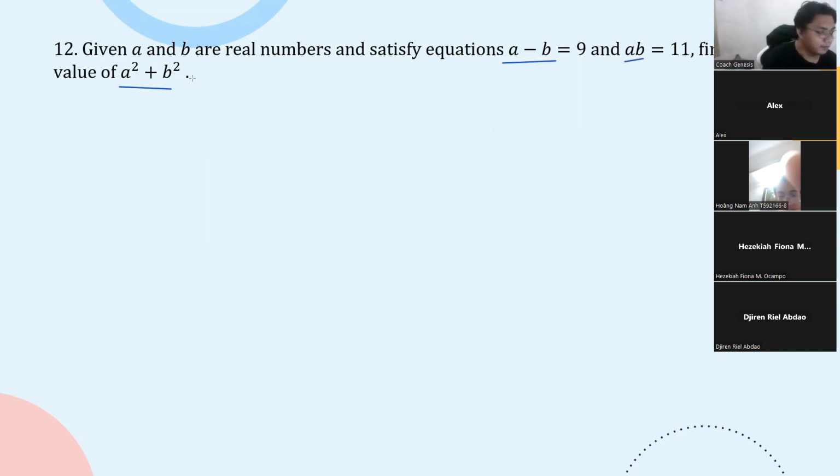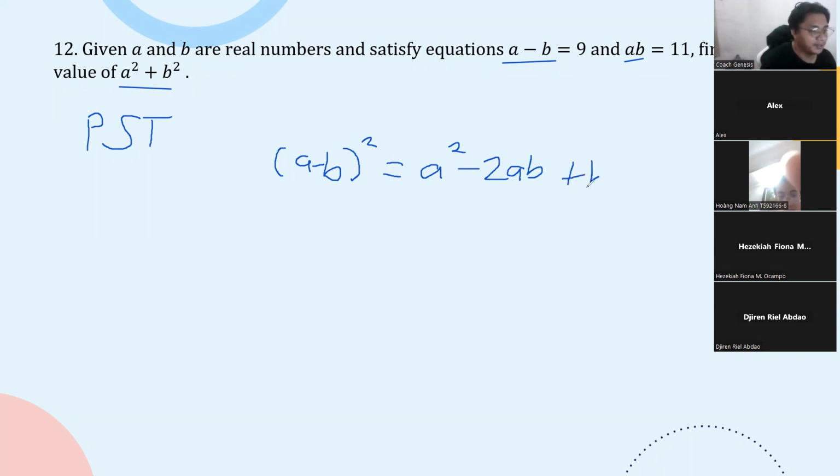Now, what algebraic expression can you find where you can find these three? It is actually the perfect square trinomial, right? Because if you have a minus b quantity squared, you will have a squared minus 2ab plus b squared, or a squared plus b squared minus 2ab.